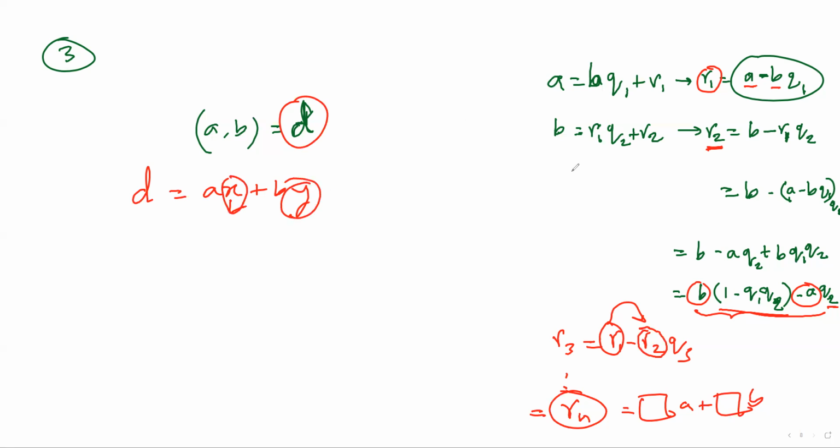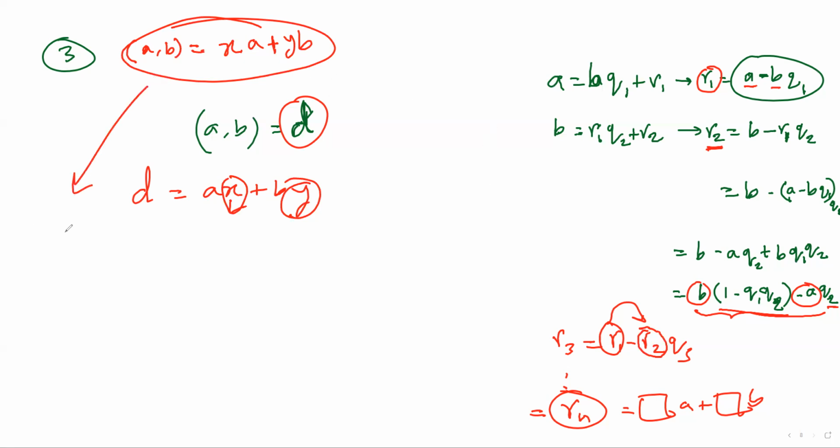So the final conclusion that we are drawing from all these calculations and arguments is that the GCD of any two positive integers A and B can be expressed as some integer linear combination of those two numbers. And this is true for every case. Now, if two numbers are co-prime, their GCD is going to be 1.